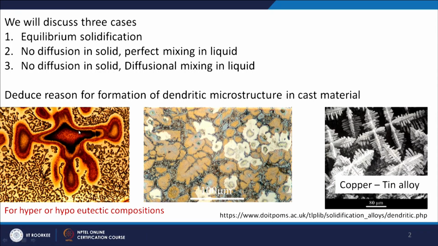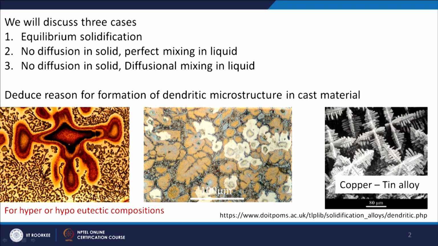So the first microstructure, if you see, this is a pro-eutectic phase. In between the pro-eutectic phase, these are the eutectic microstructures, so you can see a dark phase and a bright phase together.